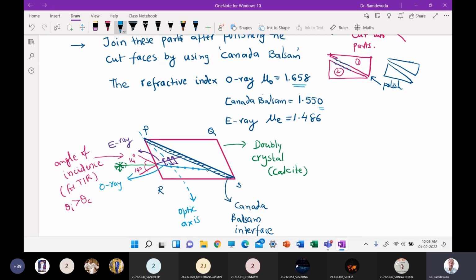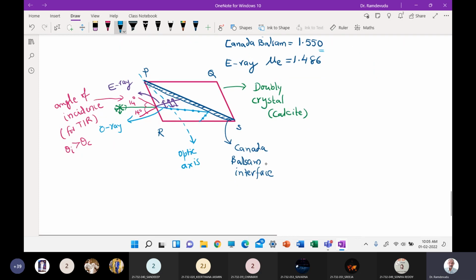Therefore it will undergo total internal reflection. It will not cross the Canada balsam and calcite interface, and it will be absorbed here only. It will not come to the other crystal and is not transmitted. So we are able to eliminate the O ray.